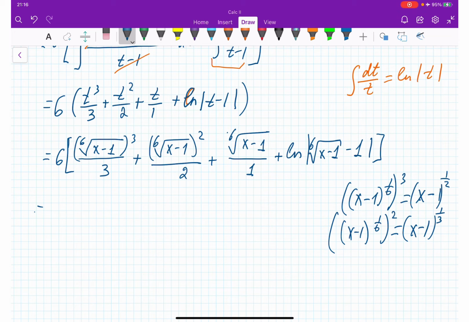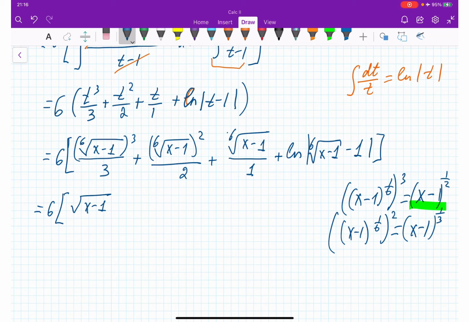Six times square root of x minus 1, because x minus 1 to power 1/2 is the square root of x minus 1, right?